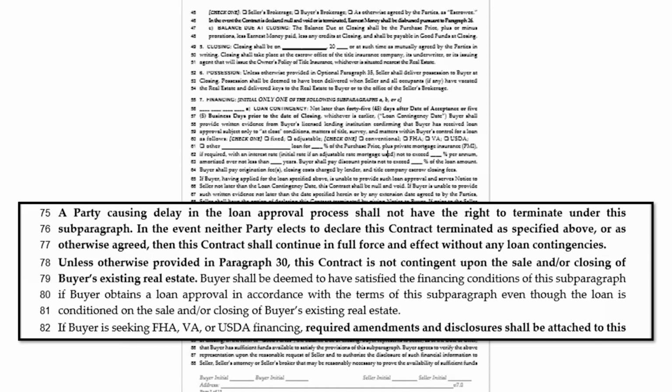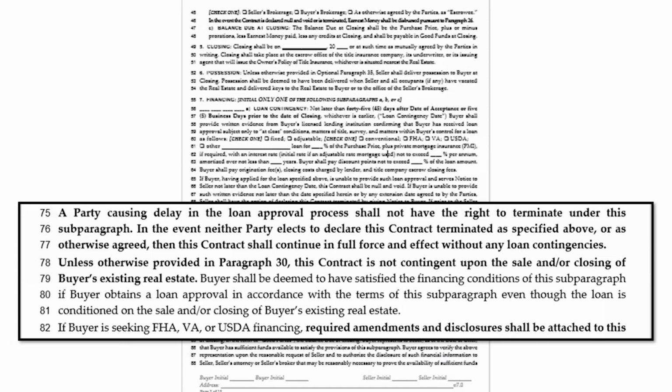So if he did not use paragraph 30 and his loan approval came back and said that you have a loan contingent on the sale of your house, then he'd better figure out how he's going to show up at a closing, because he could lose his earnest money.